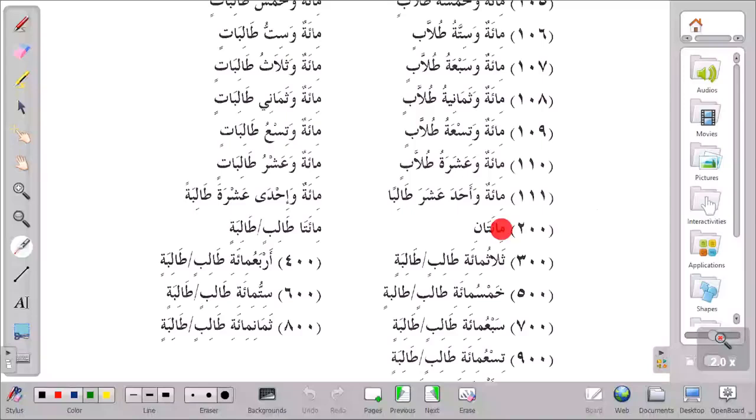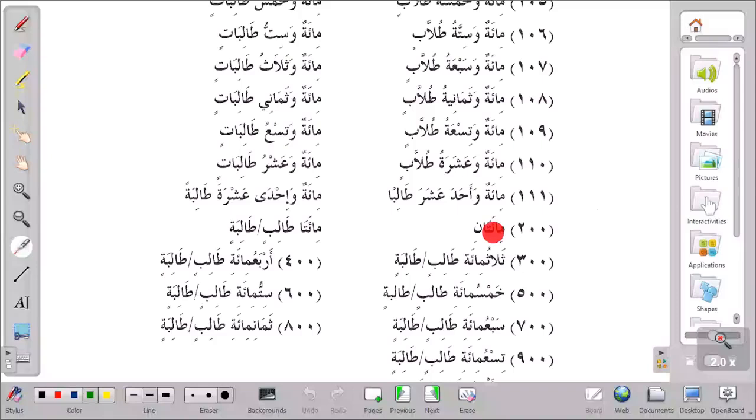So the same way here, mi'atun is just 100. If you want to say 200, you say mi'atani. Okay, that is clear. But let me tell you something. When you have a noun that is dual, like kitabani, qalamani, daftarani, and it becomes mudaf, the noon will have to go away.